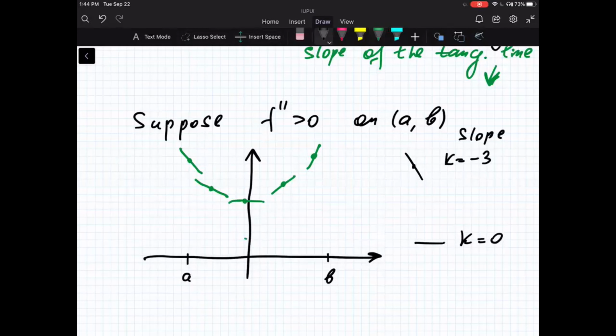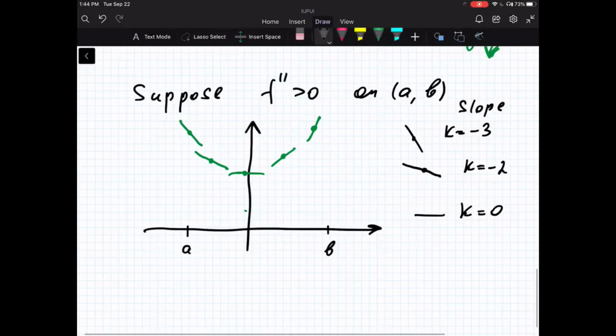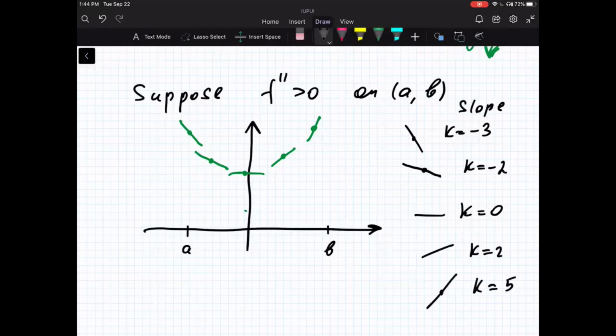So if k is, say, -2, then it will be like this. k equals 0 like that, k equals, say, 2, it will look like this. And k equals, say, 5 will look like this. So it's indeed increasing.